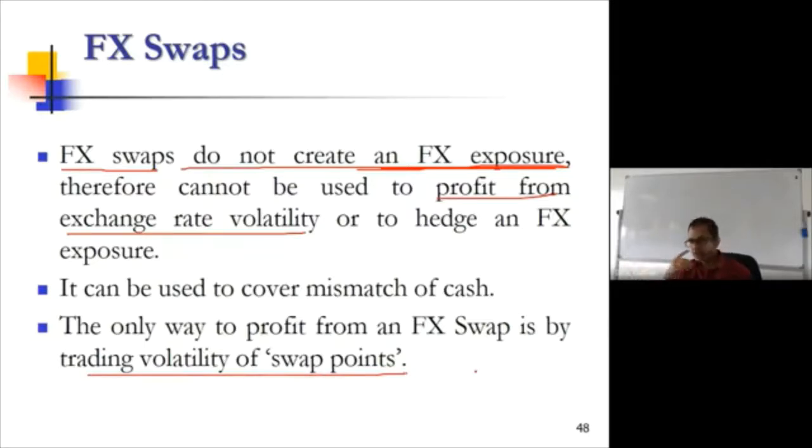If you trade FX swaps, your source of income is volatility in the swap points. We get the volatility in the swap points through changes in the interest rates of these two currencies. So when you trade FX swaps, the underlying variables are two interest rates. Whenever the interest rate changes, the swap point changes, and that will give you profit or loss.